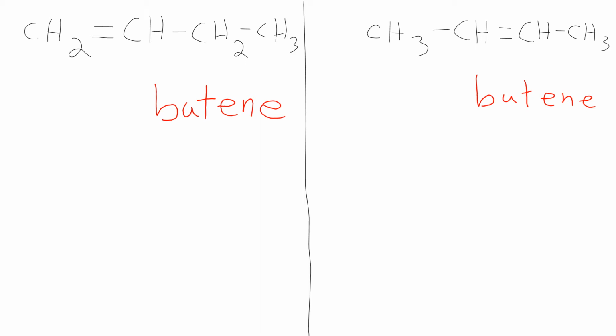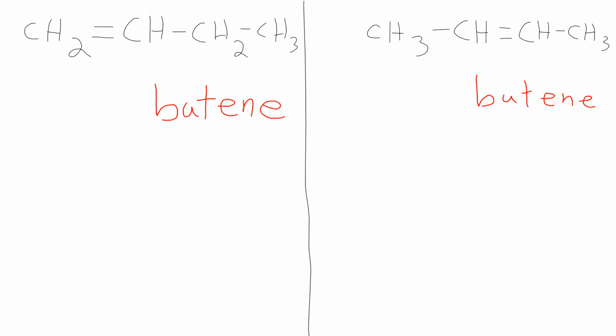Right at this stage, these two names are identical. I have butene and butene so far. But if you look at the structures, these are truly different molecules. These would be isomers of each other. They both have 4 carbons, 8 hydrogens, but the bond connectivity is different. They're truly different, so we need a way to distinguish one from the other.